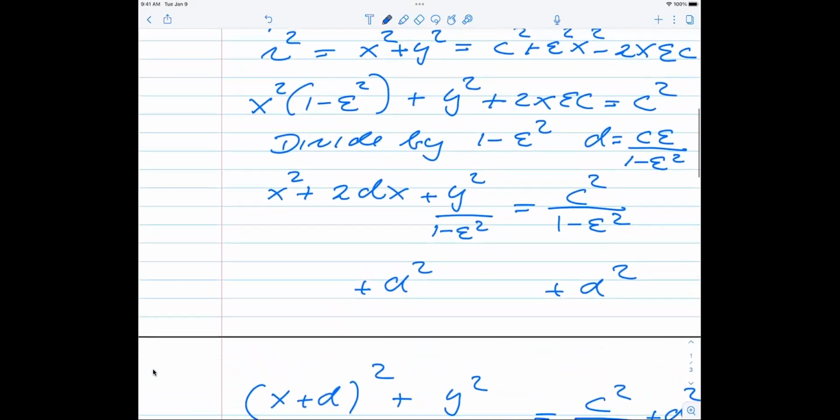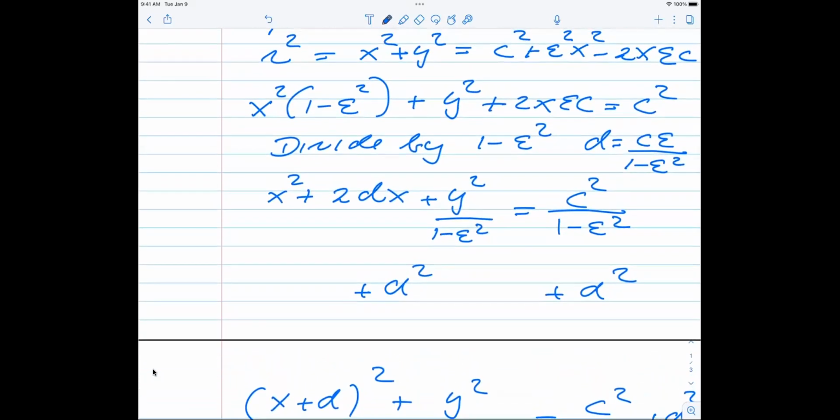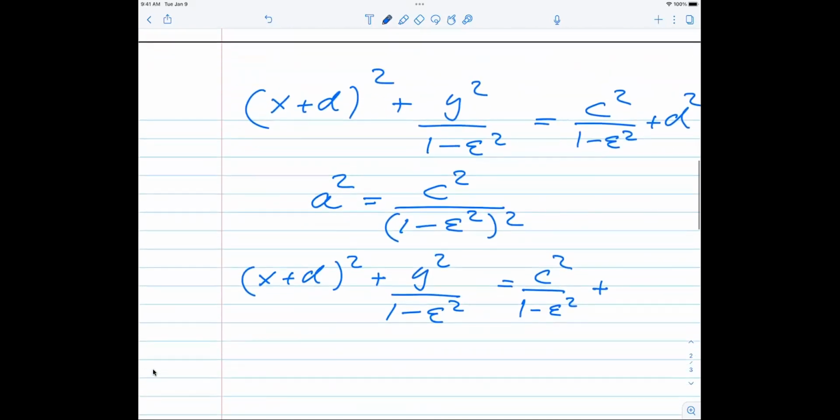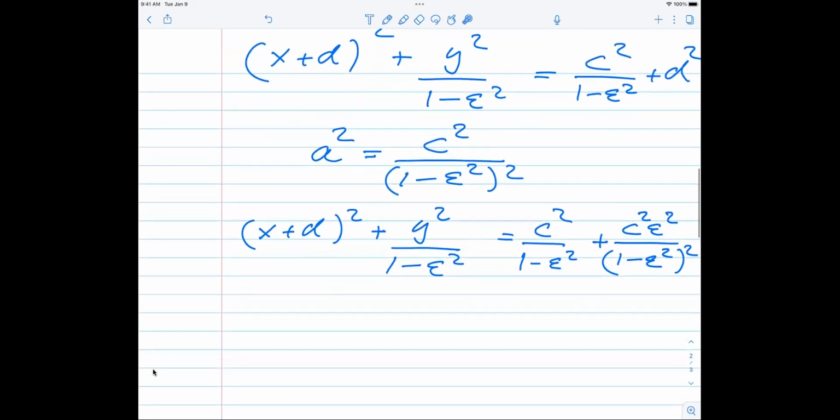So if we scroll down a little bit, d squared is going to be c squared epsilon squared divided by 1 minus epsilon squared, squared. And then I'm going to collect terms. I define a new variable, which we have defined here, this term here. And you can see that you can rewrite what you have on the right-hand side in terms of this constant a squared. So this right-hand side will be equal to a squared.